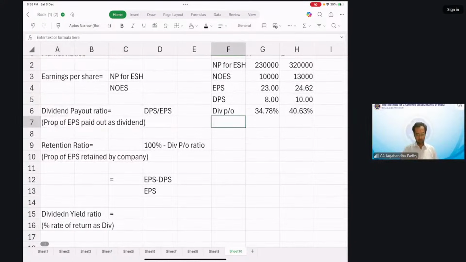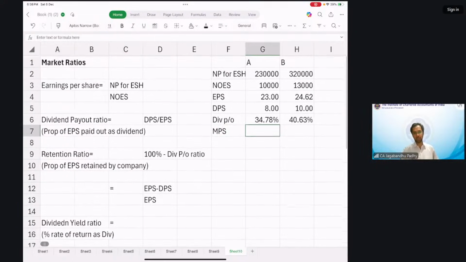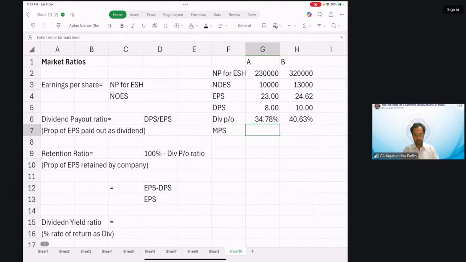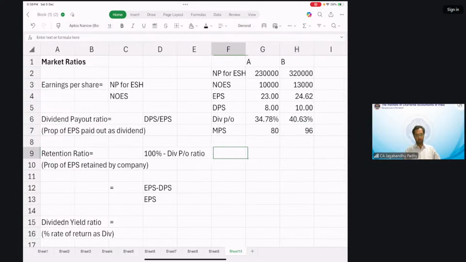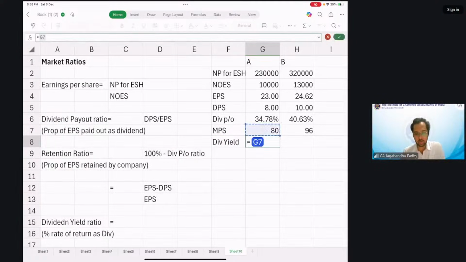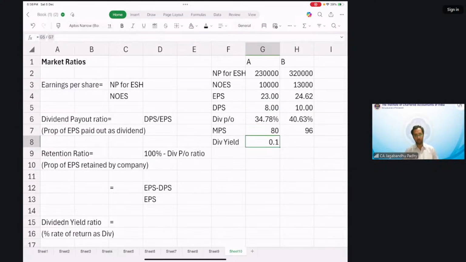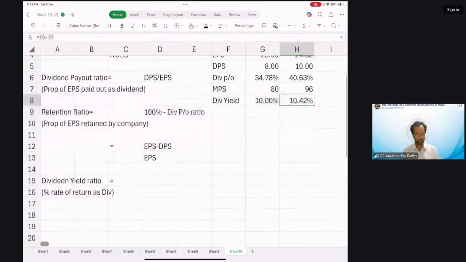Let's say the market price for the shares of company A is 80, and for that of shares of company B is 96, right? Then what is the dividend yield? You're earning 8 rupees by investing 80 rupees in purchasing the share. So that's going to be 10%. And for the other company, it is 10.42%, right?